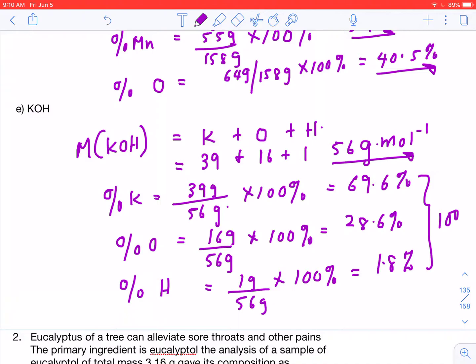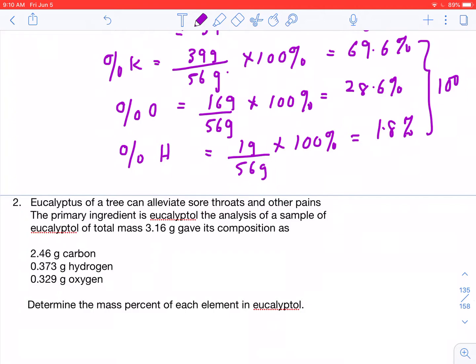Okay, so that will always be the case. Remember, in our earlier discussions, we spoke about the law of constant composition. It means potassium hydroxide will always have these relative amounts in terms of mass. Right, now let's look at the next one.